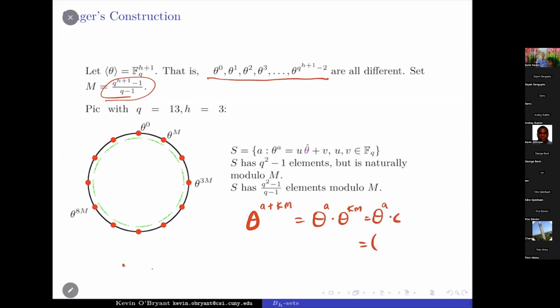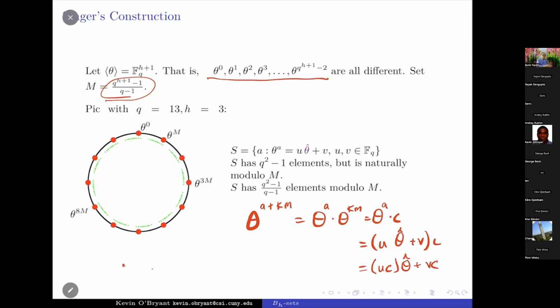And theta to the a, here is my u theta hat plus v, times c. And that's uc theta hat plus vc. And uc and vc are in my base field. So I'm just getting another element that was already in S.